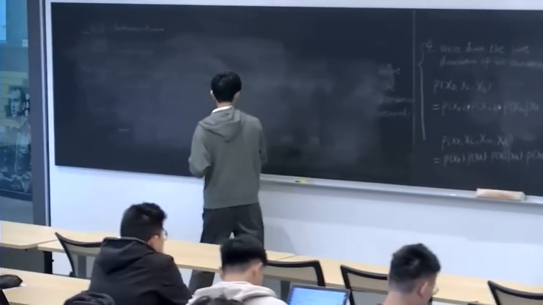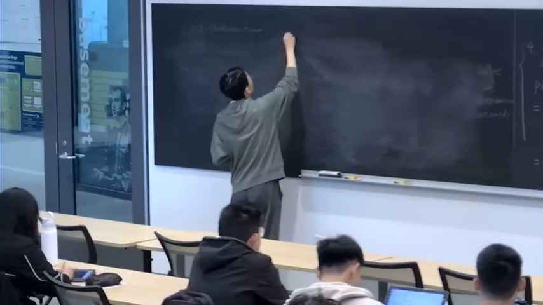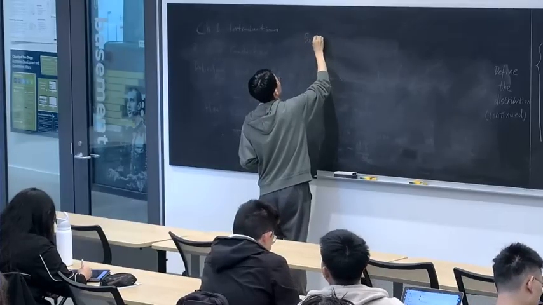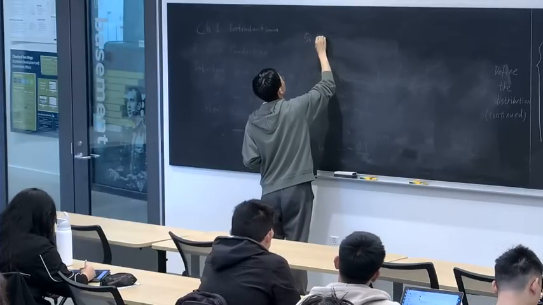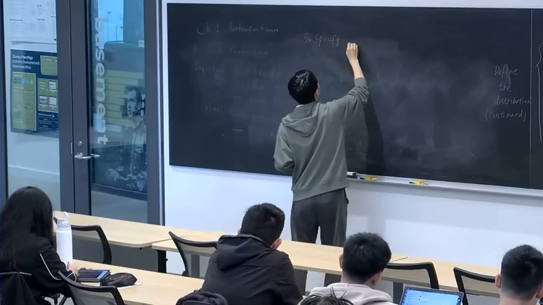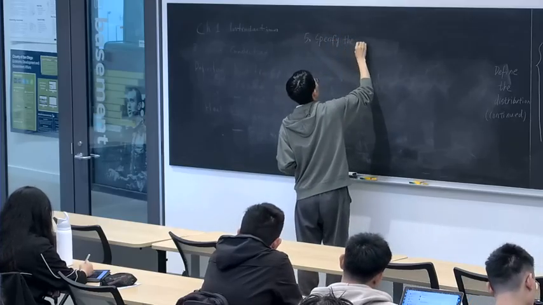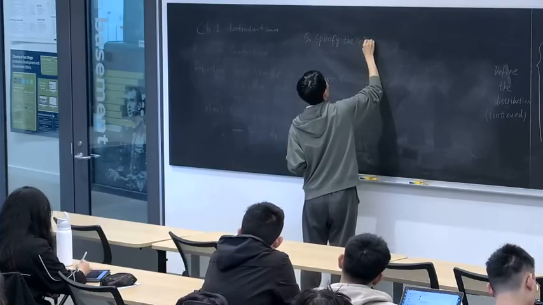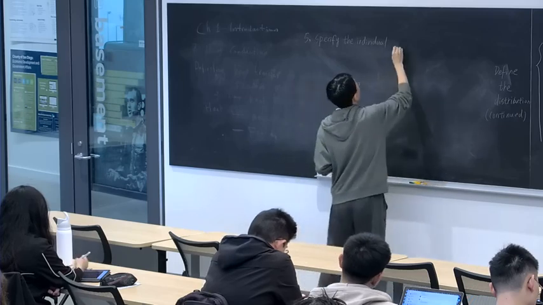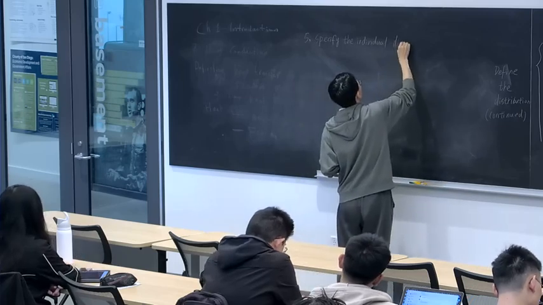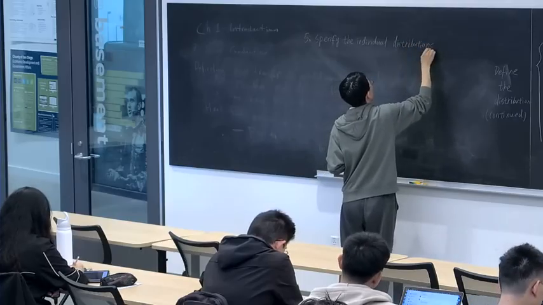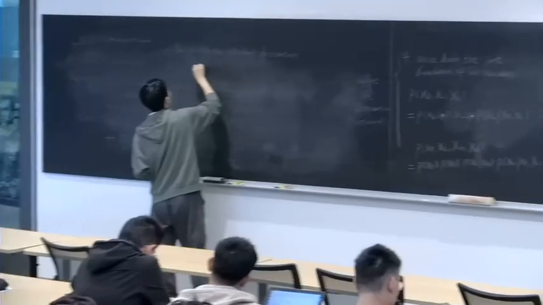So this is step 4. Then let's talk about step 5. Step 5 is to specify the individual distributions in the joint distribution.